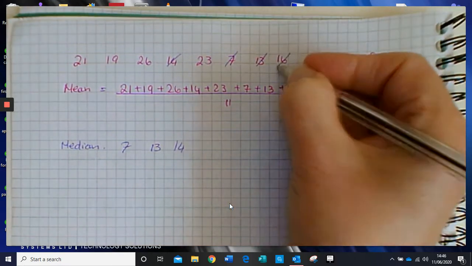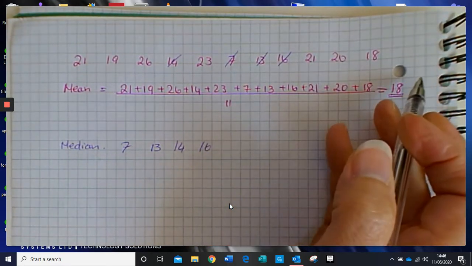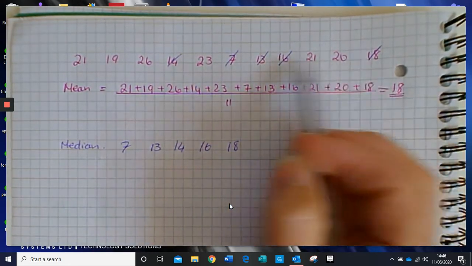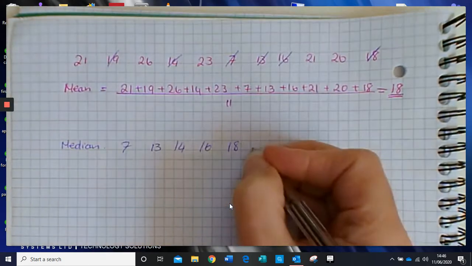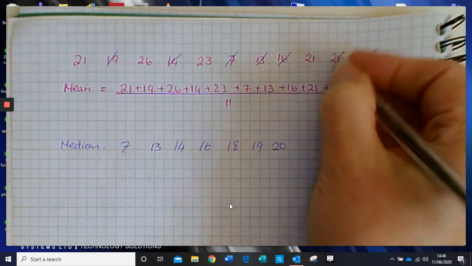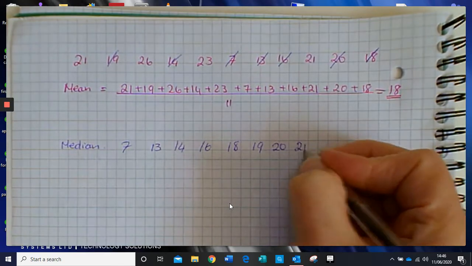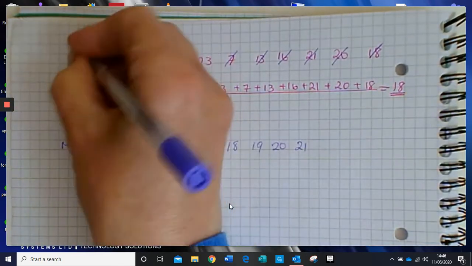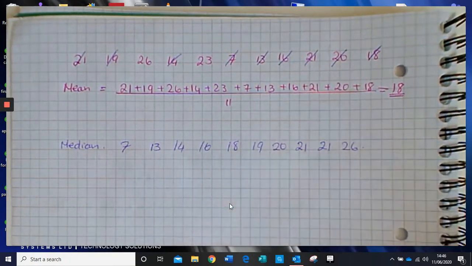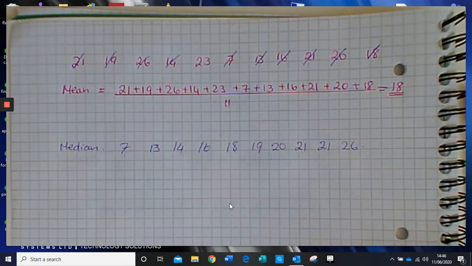No. 16? Yes. 16. 17? Not yet. 18. There's 18. 19. 19 over there. Have I got 20? I have. Have I got 21? I've got 21 right next to it. Another 21 and 26. Okay, brilliant.